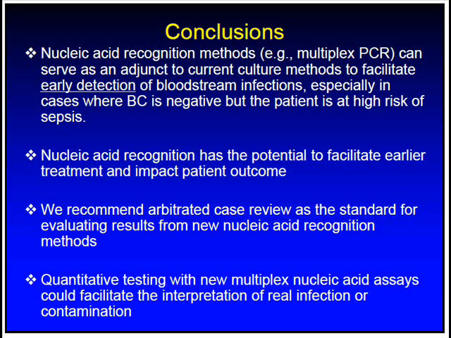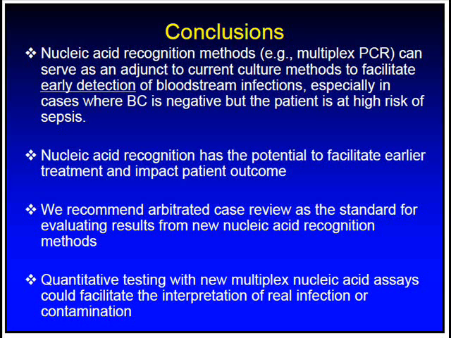In conclusion, we have the following remarks. Multiplex PCR or multiplex testing can serve in general as an adjunct to current culture methods to facilitate early detection of bloodstream infections. Multiplex nucleic acid testing has the potential to facilitate early treatment and impact patient outcome.